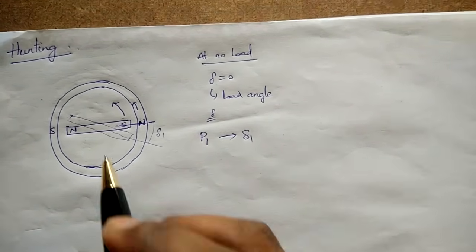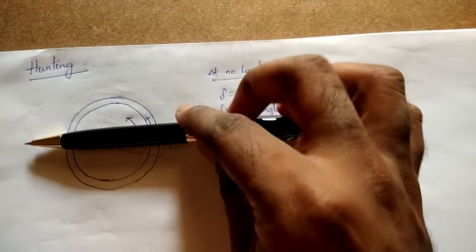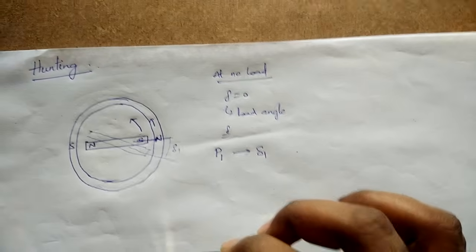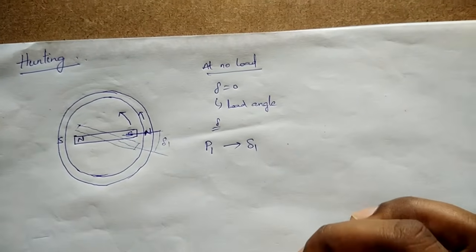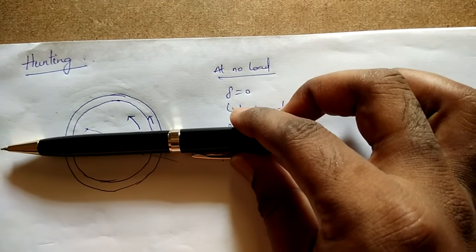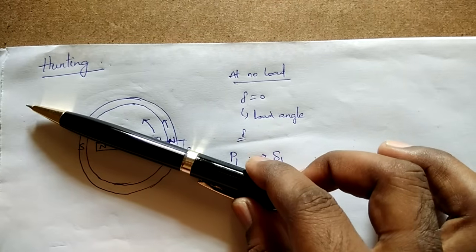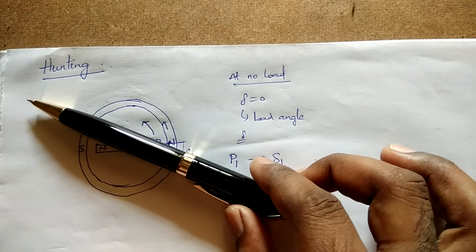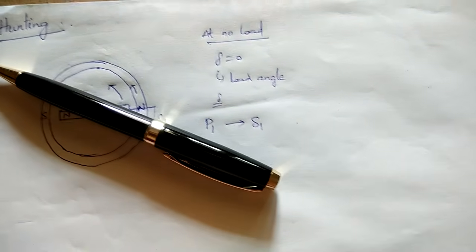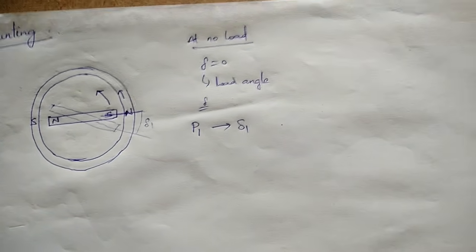That is for the load P1. At no load, both are aligned like this. If you increase the load gradually, the rotor moves like this slowly and aligns in this position, and continues to rotate like that, maintaining the load angle delta 1.